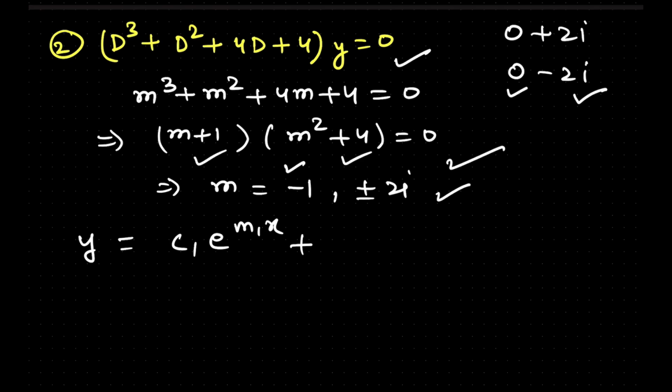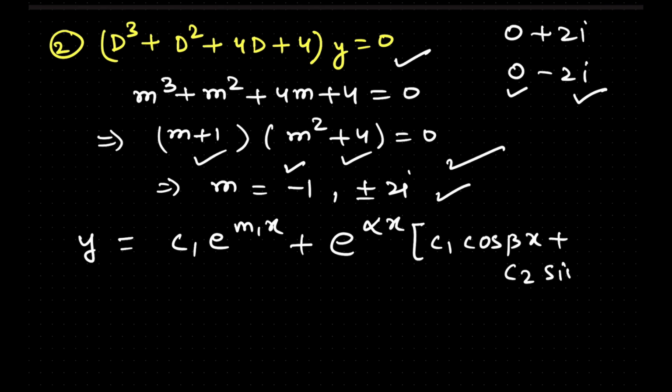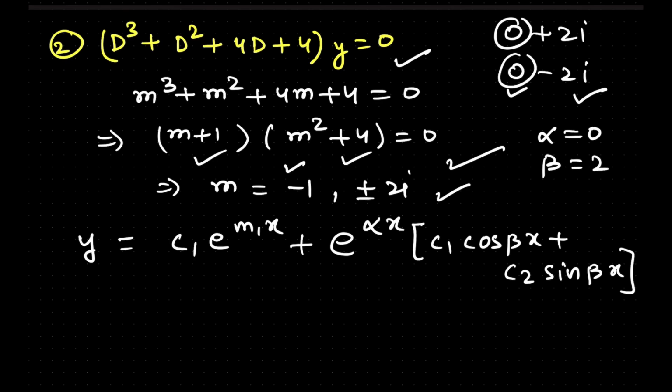So our formula was e to the power of alpha x into c1 cos beta x plus c2 sin beta x, where alpha was the real part and beta was the imaginary part. So here alpha is equal to 0 because the real part is 0, and beta is equal to 2 because the imaginary part is 2.